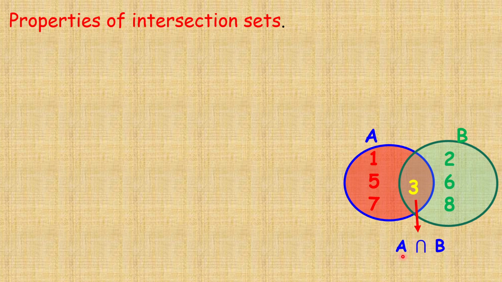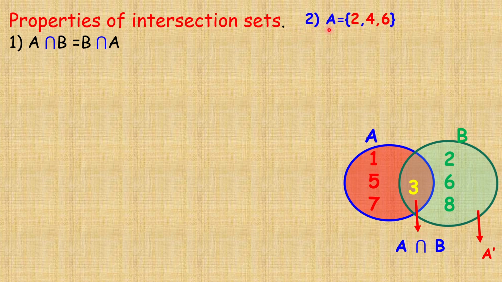Therefore, A intersection B is {3}. So the first property is A intersection B is equal to B intersection A. It means the elements in A intersection B and in B intersection A are the same.